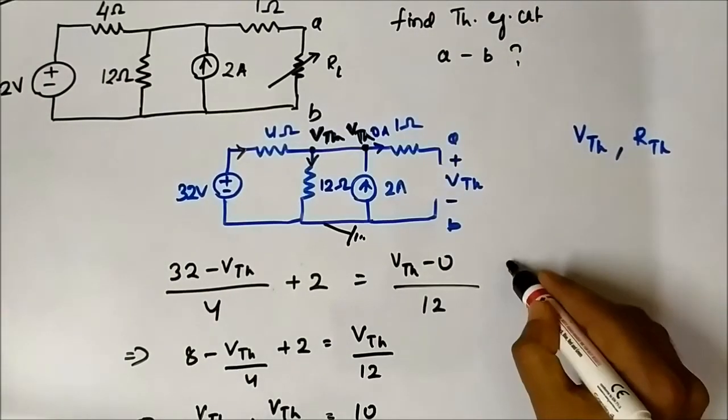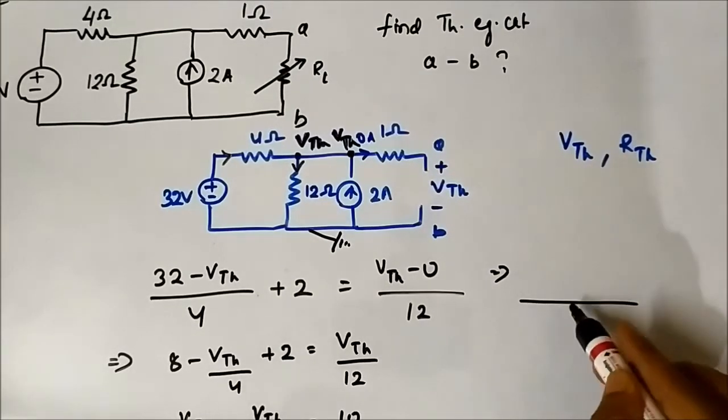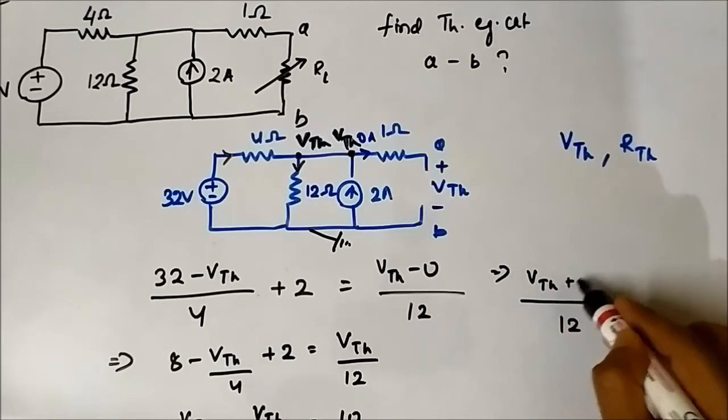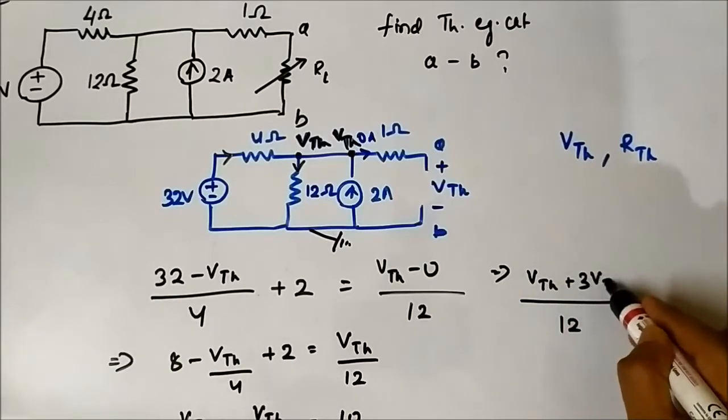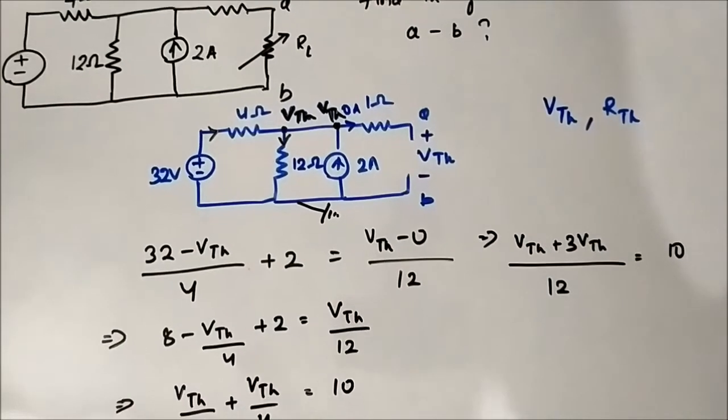That implies, taking the LCM as 12, VTH plus 3 VTH is equal to 120.